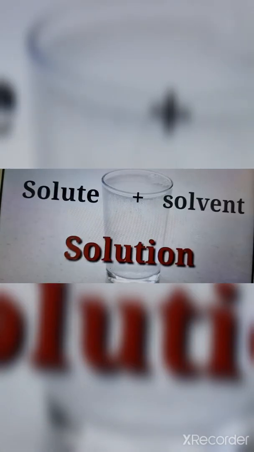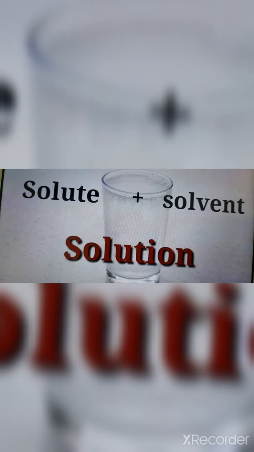So you can see here, solute plus solvent is equal to solution. It means the solute is our salt and the solvent is water. When we mix together, that makes a solution, right? So children, by this example, we have learnt about solubility and solution, solute and solvent, right?